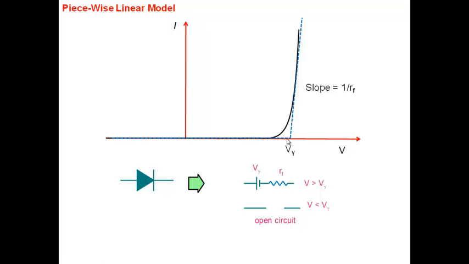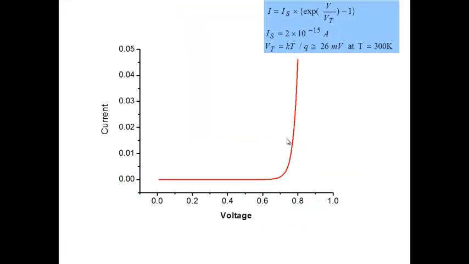And again, it all depends on the approximation you're making, on the range of current that you take. Let me illustrate again. It's the same diode model that I have. Now look at the range of current: it's around 20 milliamperes, 30 milliamperes.